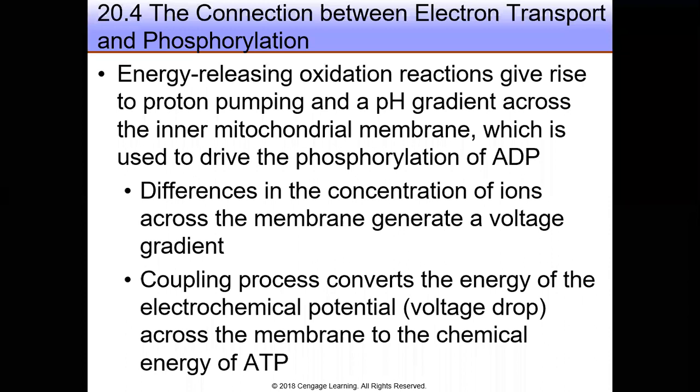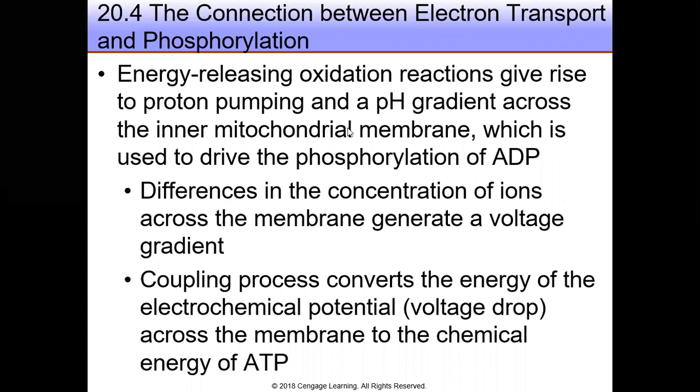Now, the energy-releasing oxidation reactions give rise to proton pumping and a pH gradient across the inner mitochondrial membrane, which is used to drive the phosphorylation of ADP.